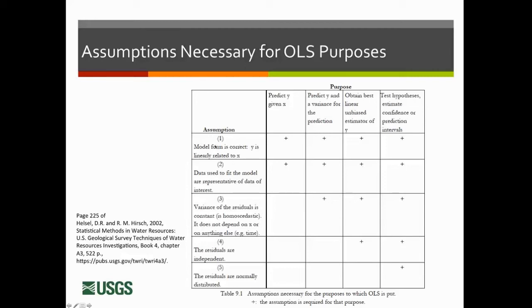You're assuming that there's a linear relationship. If it is monotonic, you can do some non-parametric regression, but this assumes that a linear form is appropriate, and you can transform variables to get to that linear form, and that the data used to fit the model are representative of the data of interest. An important assumption.